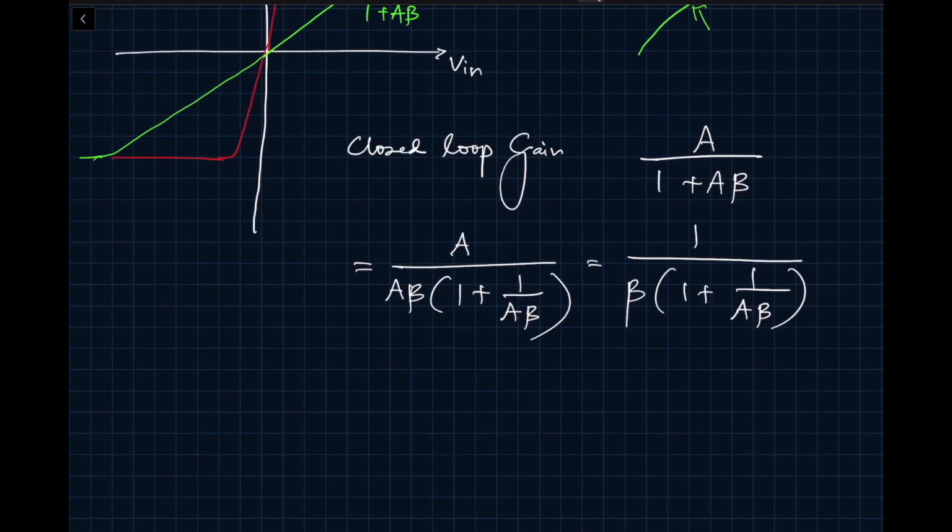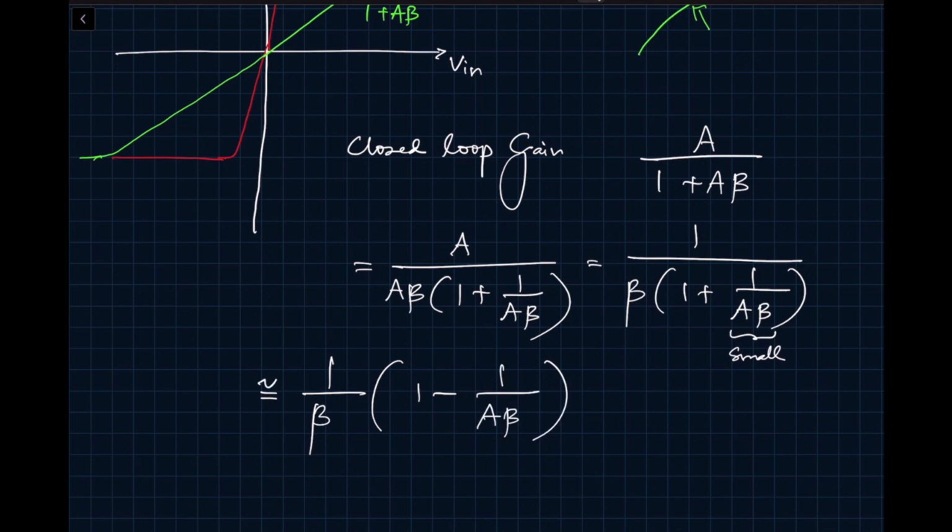As A beta is very large, 1 divided by A beta is very small, so I can write this as 1 divided by beta times 1 minus 1 divided by A beta as an approximation. So we can see that 1 divided by A beta is really small. So the overall closed loop gain is closely resembling 1 divided by beta with very small dependence on A.